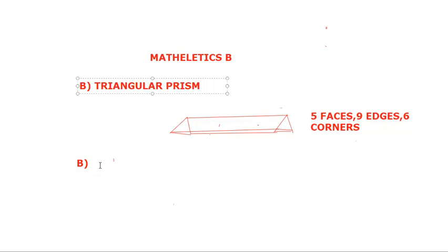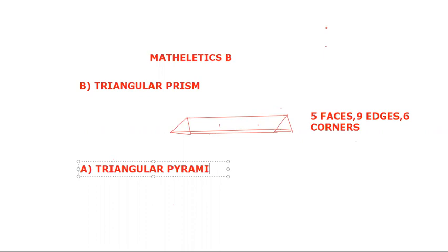Now consider A. It is a triangular pyramid. A triangular pyramid. The picture is given there.